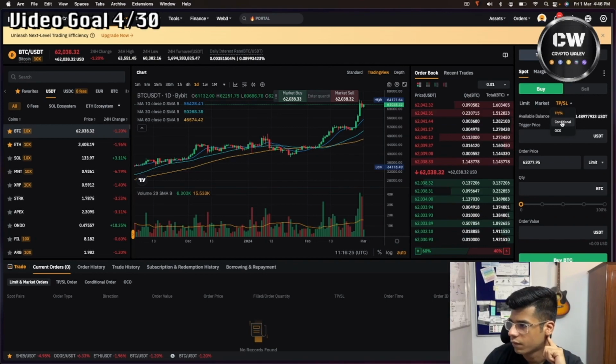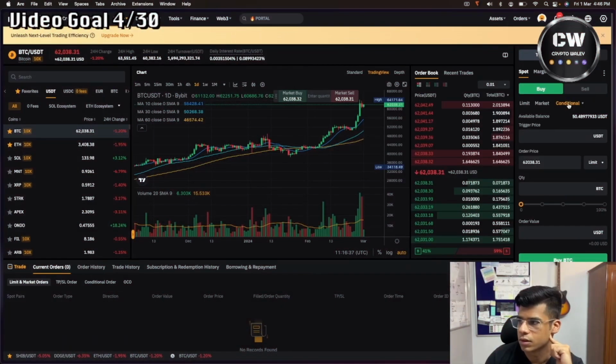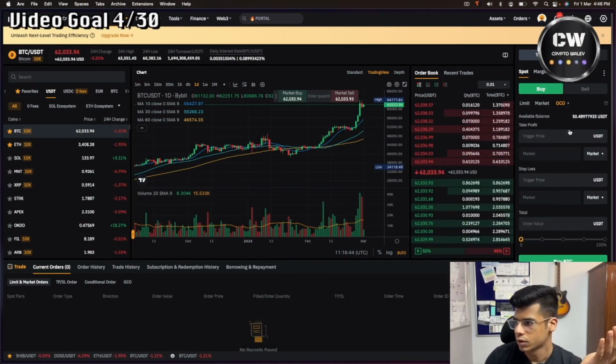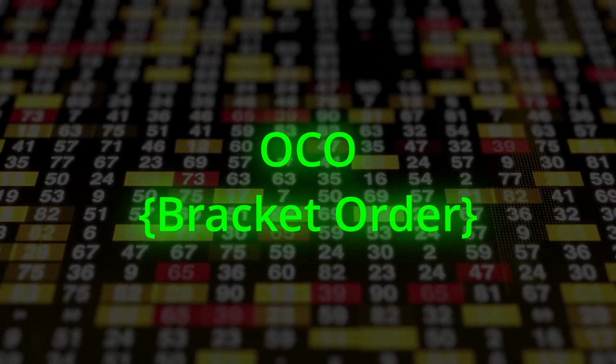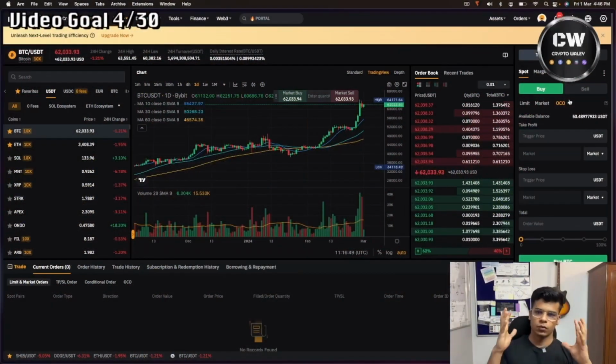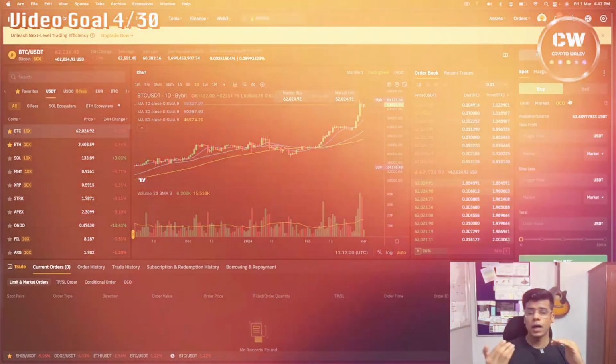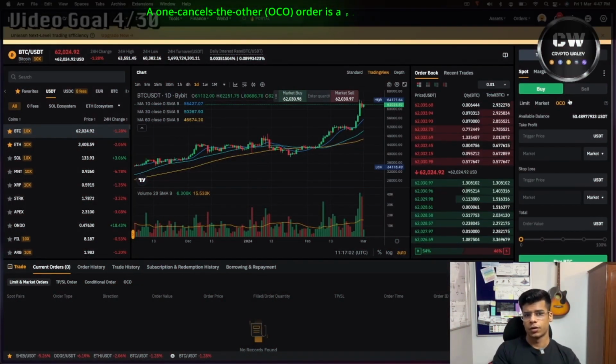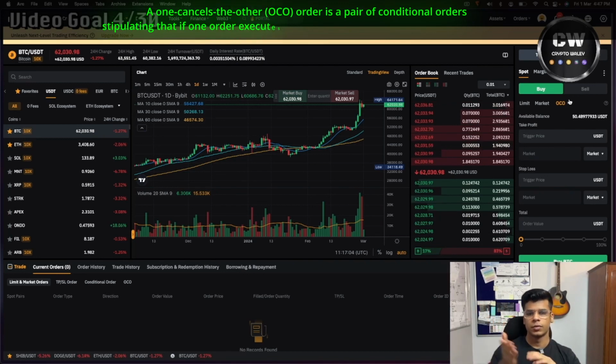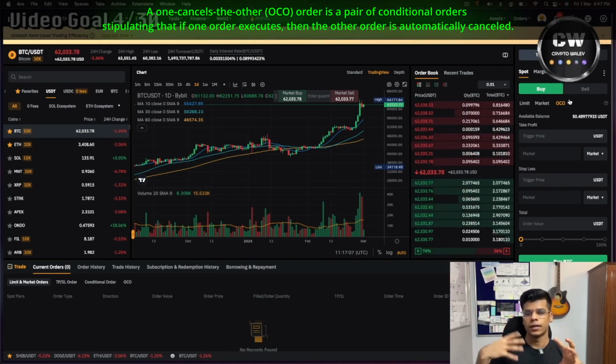And also we have conditional orders. Conditional orders are the same as TP and SL orders, and we also have OCO orders. They are also called bracket orders, right? I used to do stock market earlier, where we call these types of orders bracket orders. What happens is, when you put a trigger order, the exchange terminal blocks your amount, so you can't do anything else with that amount, right?